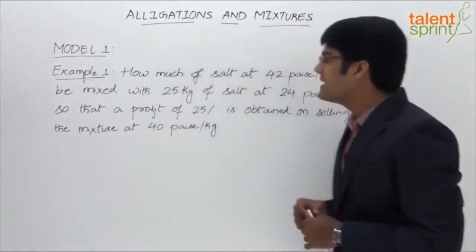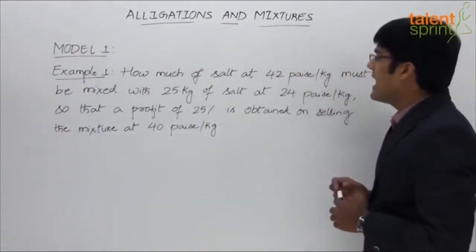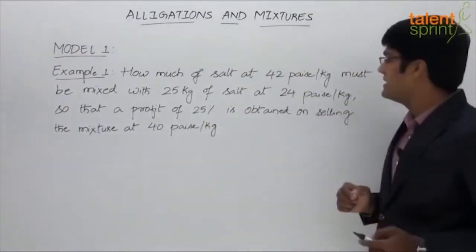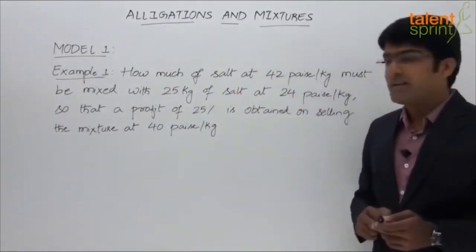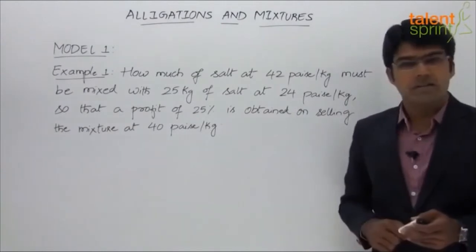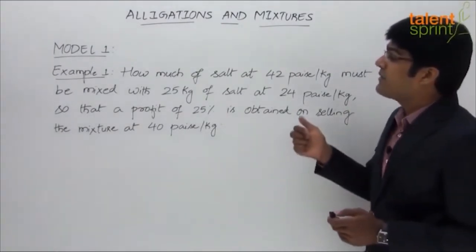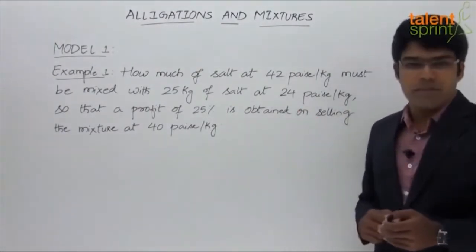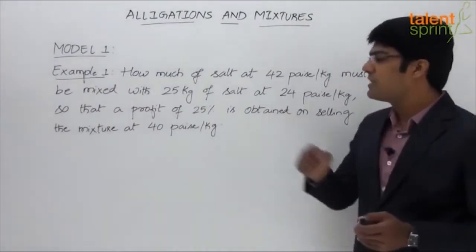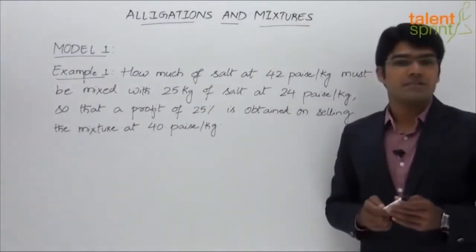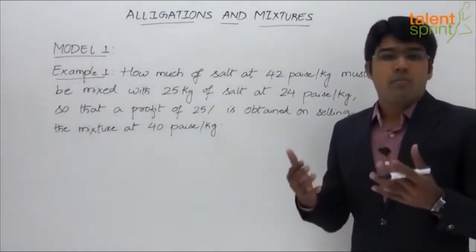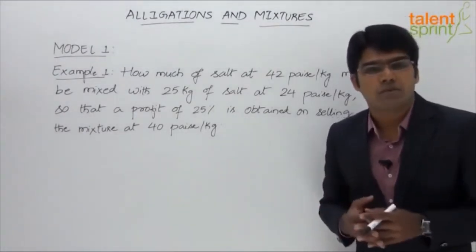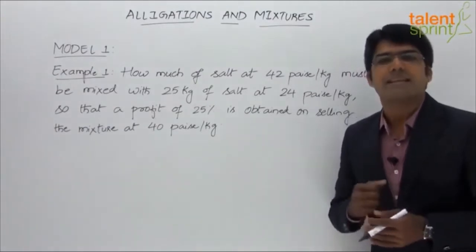Now the question says, how much of salt at 42 paisa per kg must be mixed with 25 kg of salt at 24 paisa per kg so that a profit of 25% is obtained on selling the mixture at 40 paisa per kg. As you can see here, the question is based on combination of two different varieties of salt to obtain a mixture at a given price.